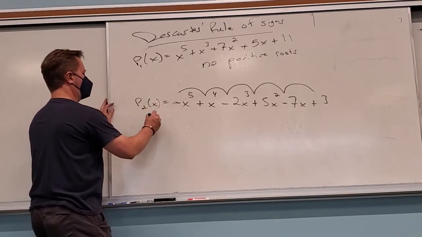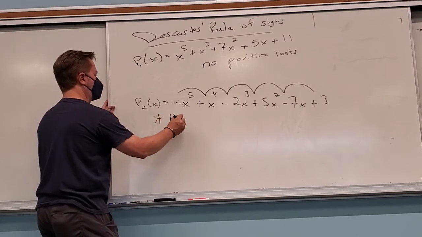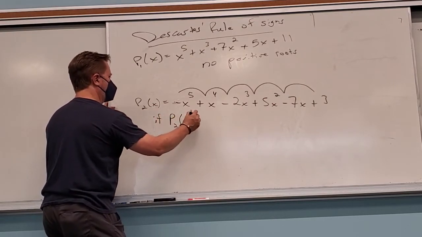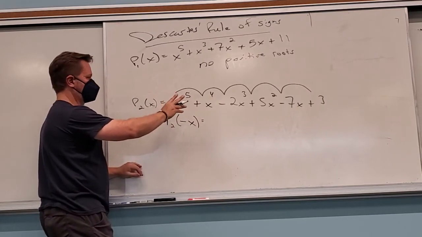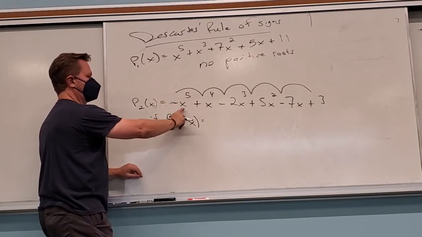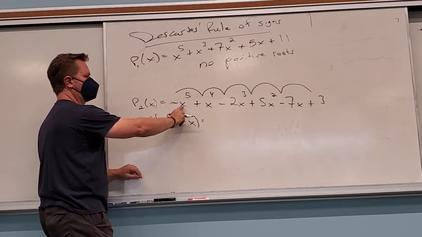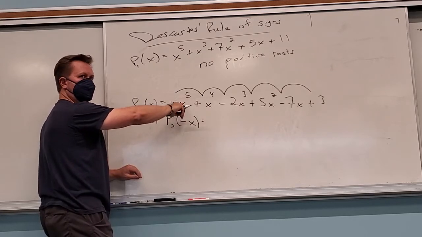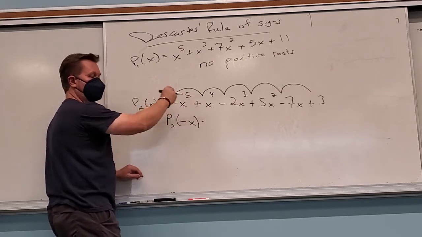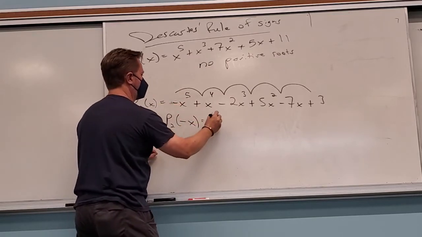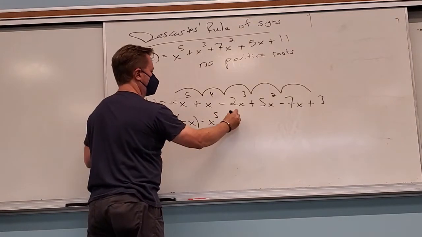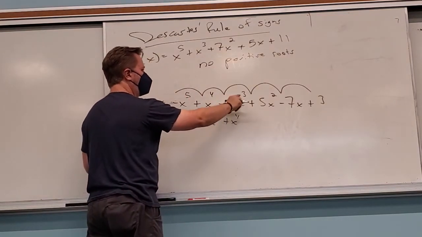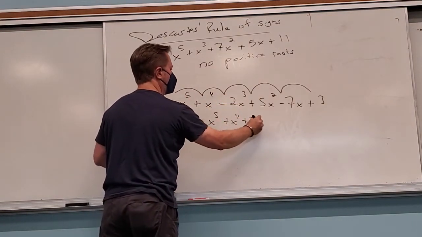Well, let's see. If I put a negative x in, what does that do to this? Can anyone figure out what this becomes? Positive, right? Negative to the fifth is still negative, times negative is positive. So every other term, all the odd terms, are going to become positive.